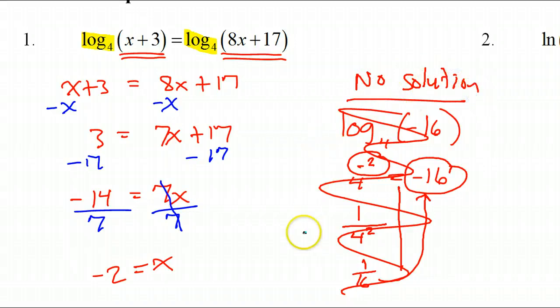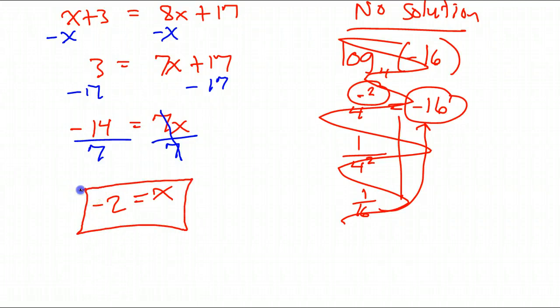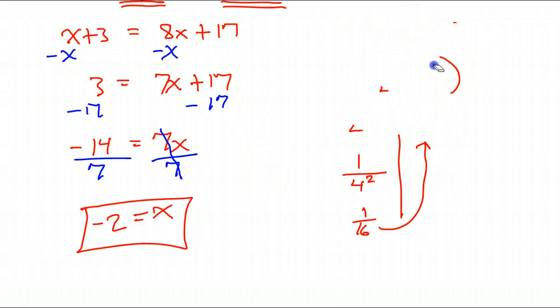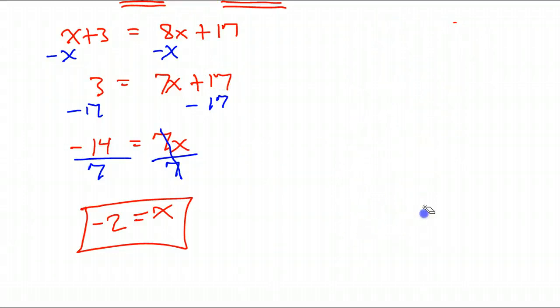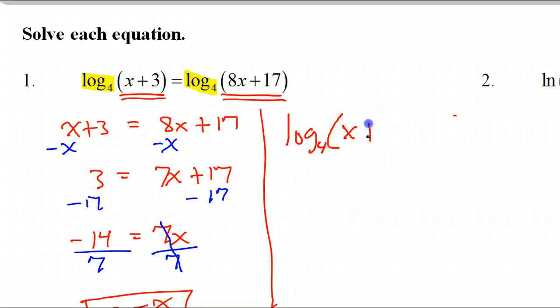Maybe you're thinking, because we got this negative number, it must be this no solution thing he's talking about. No. Negative 2 is okay. The reason why is we don't have the log of negative 2. What we have is the log of x plus 3.